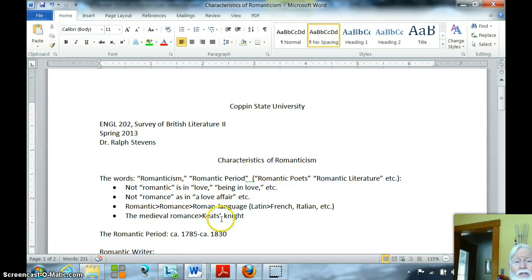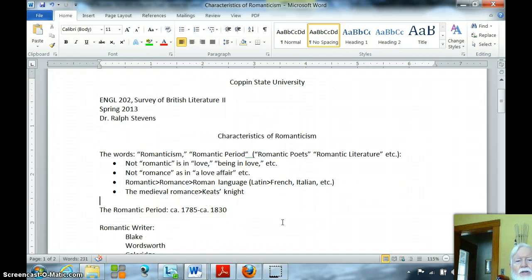We see an example of something derived from the medieval romance in the poem La Belle Dame sans Merci, what I'm calling here Keats's Knight, the Knight at Arms, who tells the story of his encounter with the beautiful lady. That has characteristics of what we call the medieval romance. A romance is not a love affair. A romance is simply a story written in the Roman language.